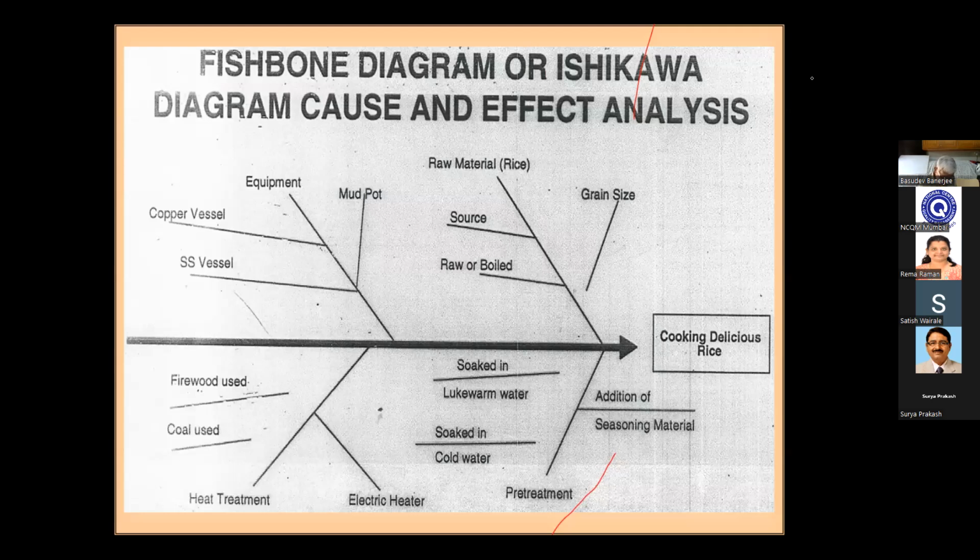Soak in cold water 20. 80 pre-treatment? Pre-treatment, soak in water. How much?